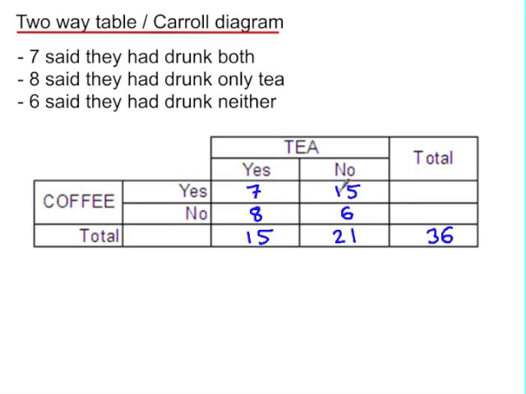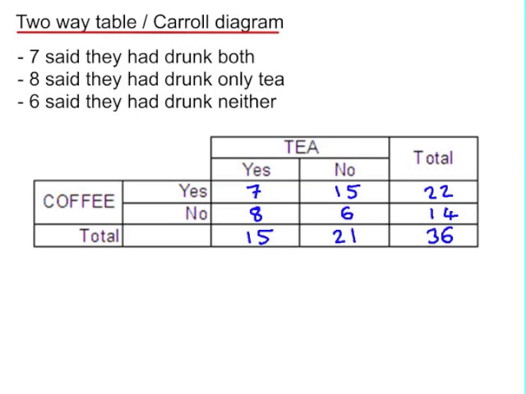And then the total number of coffee drinkers is 7 plus 15, which is 22. Total number of people who didn't drink coffee, 8 plus 6 is 14. And to double check, 22 plus 14 does equal 36.